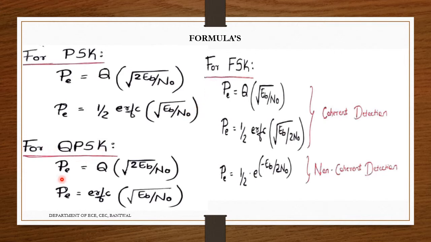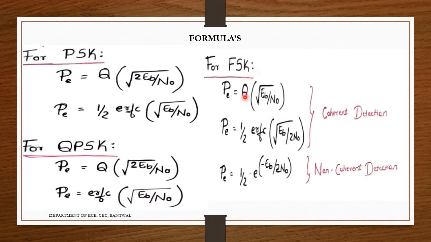Similarly for QPSK, we have derived P is equal to Q of square root of 2 Eb by N naught. When I take the 2 here, since this is a 2-bit symbol, the 2 by 2 gets cancelled. So P is equal to the complementary error function of square root of Eb by N naught.